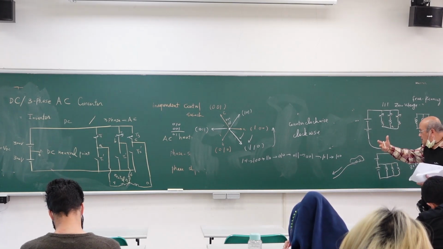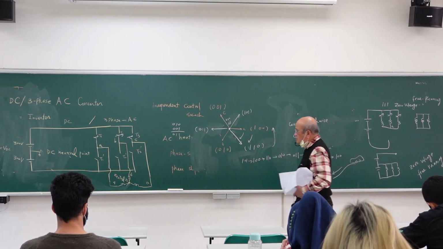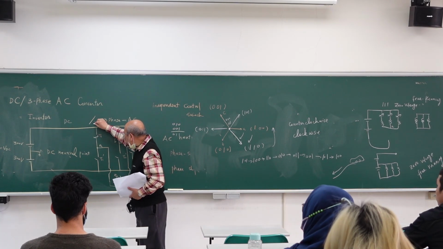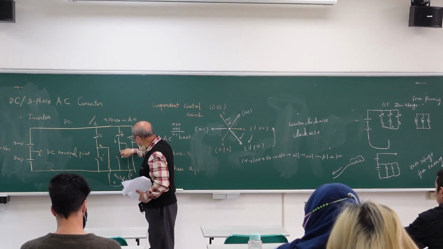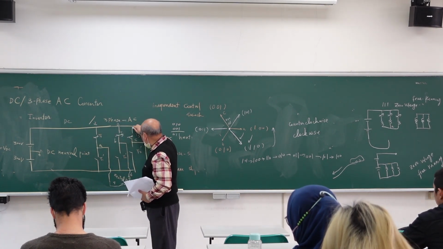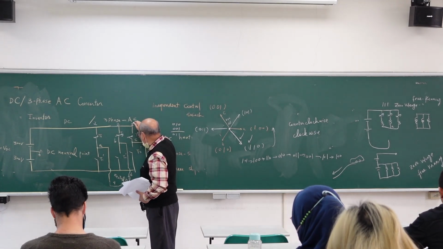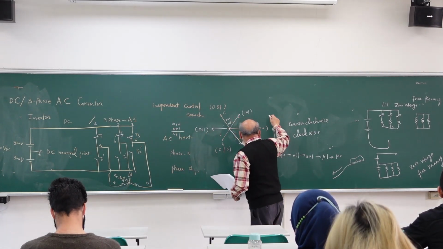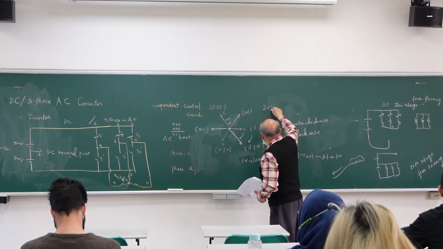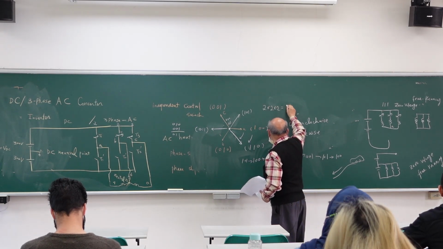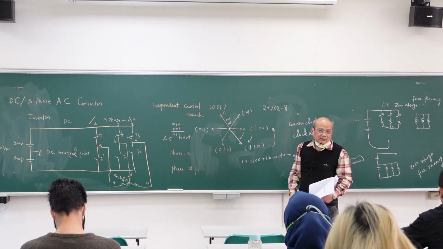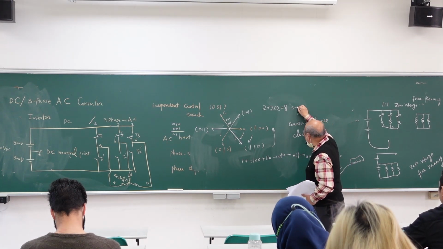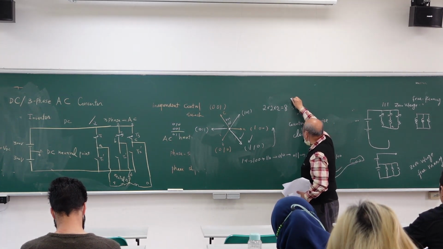So how many states do you have? This switch has 2 states. This switch 1 or 0, 2 states. This leg 1 or 0. So we have 3 legs. Each leg 2 states. Totally we have 8, right? 8 states. Switching state.